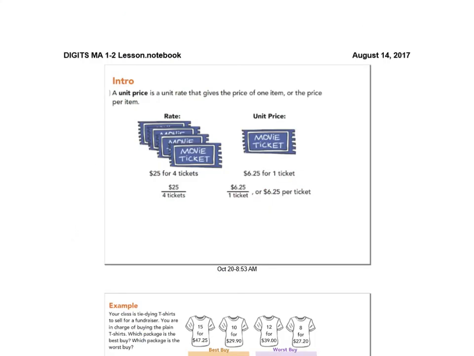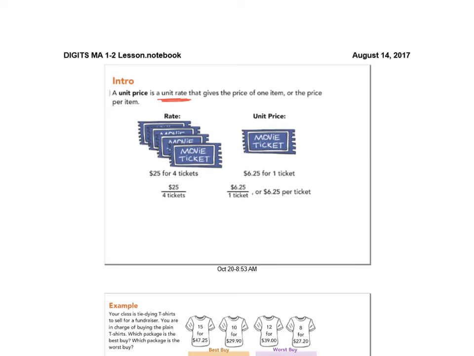Alright, so now we're going to talk about unit price. Now this is a unit rate, okay? So since it's a unit rate, that means that our denominator is going to be 1. The only difference is you're comparing prices to items. So one item, and what is the price for that one item? So your item will always be in your denominator, and your price is always going to be in your numerator.